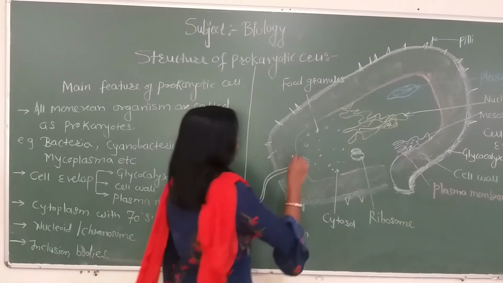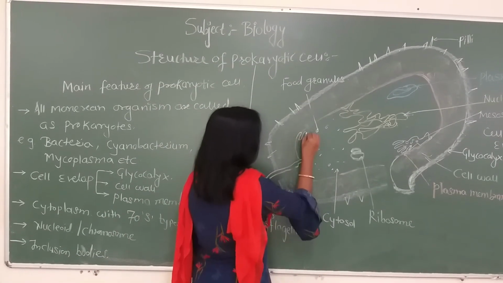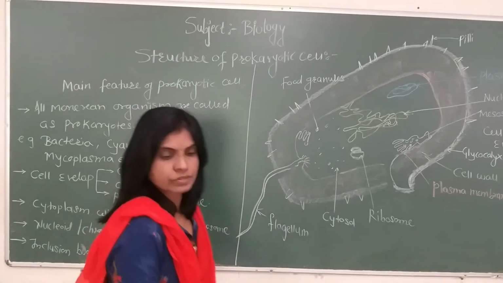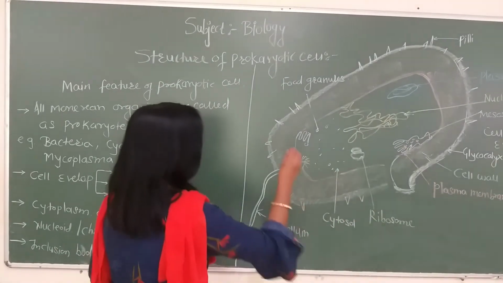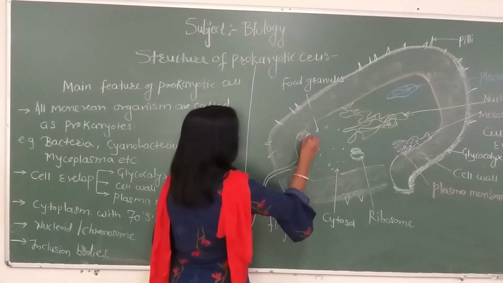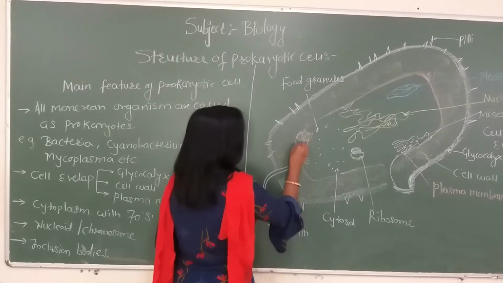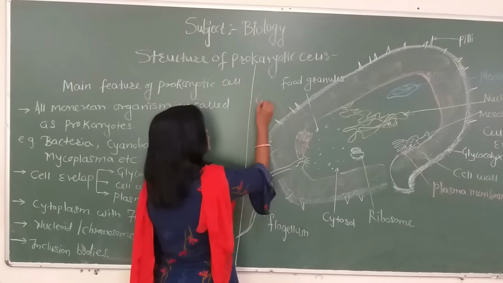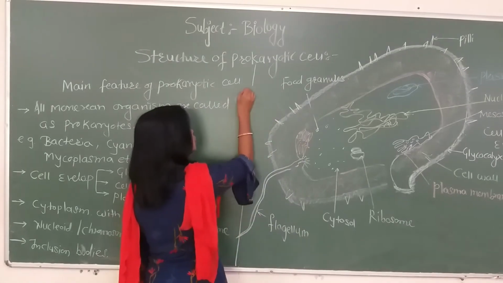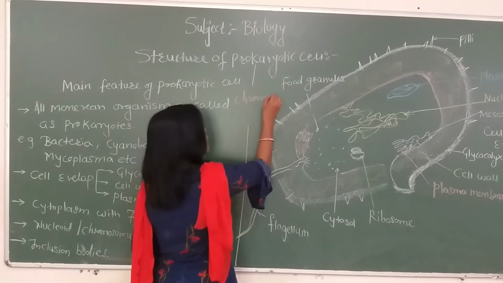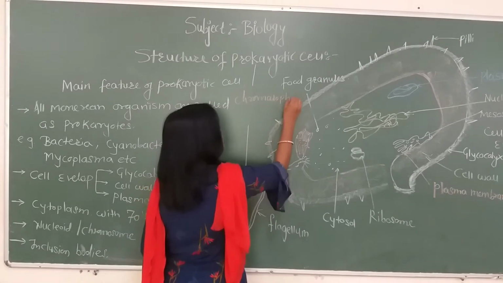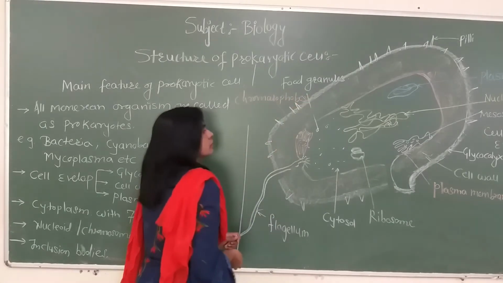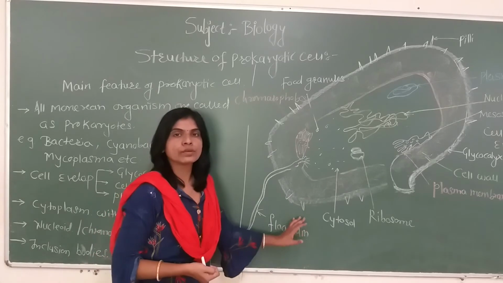In some prokaryotes, infoldings of the plasma membrane, like cisternae or lamellae, with the photosynthetic pigment, are called chromatophores. They are not commonly seen in all prokaryotes.